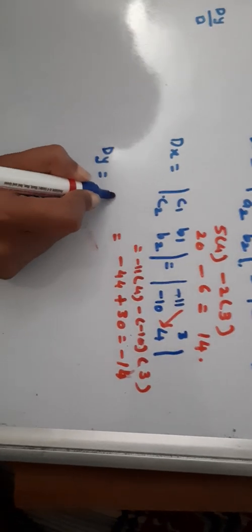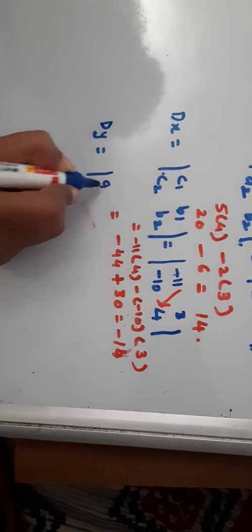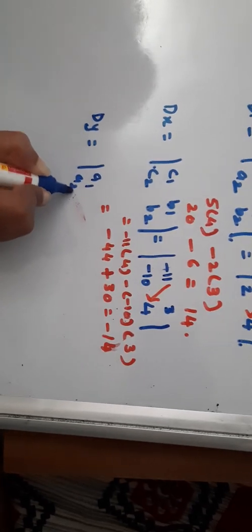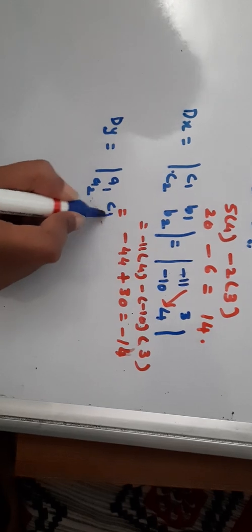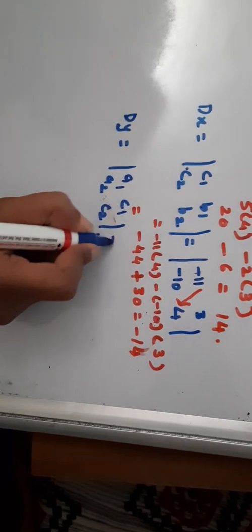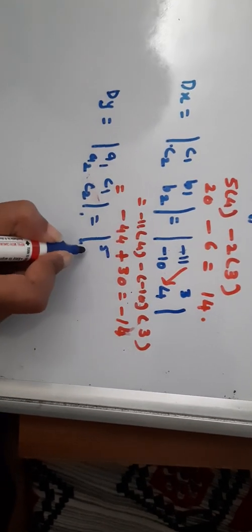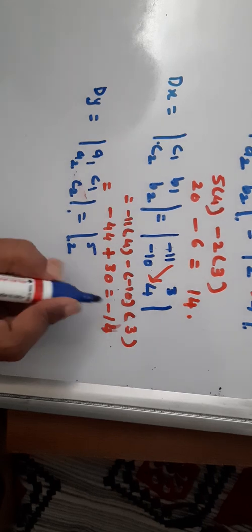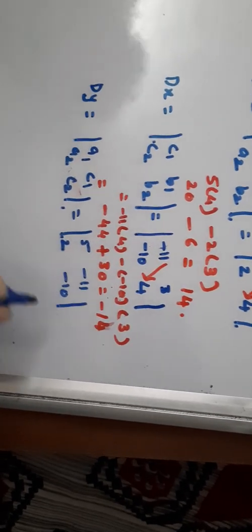Now same way for Dy. Dy will be equal to, now Dy is aikre, a1, a2, c1, c2. Okay, substitute the values. a1 is 5, a2 is 2, c1 is minus 11, c2 is minus 10.